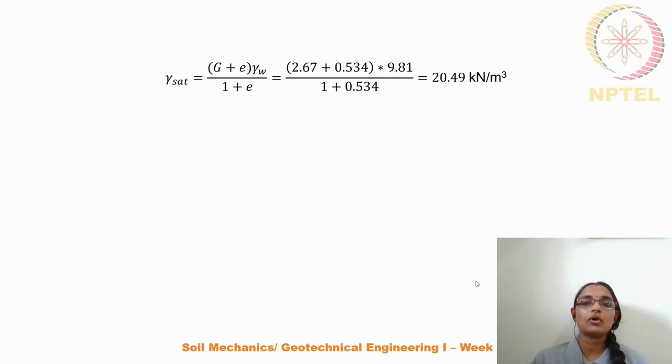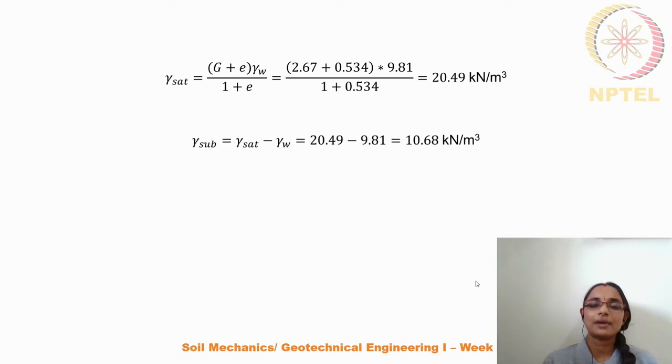That is 20.49 kilonewton per meter cube. Now the last one, gamma submerged, which is equal to saturated unit weight minus unit weight of water, which is 20.49 minus 9.81, which gives you 10.68.